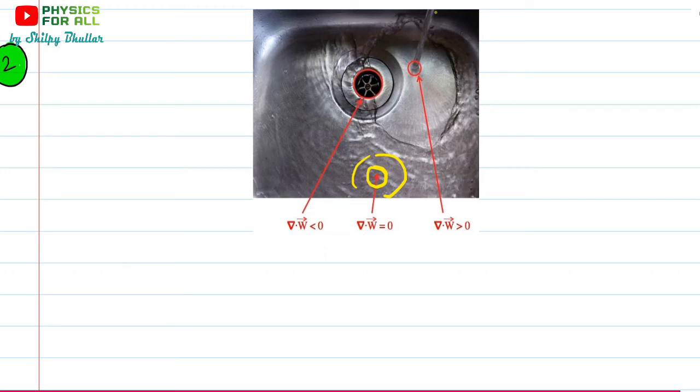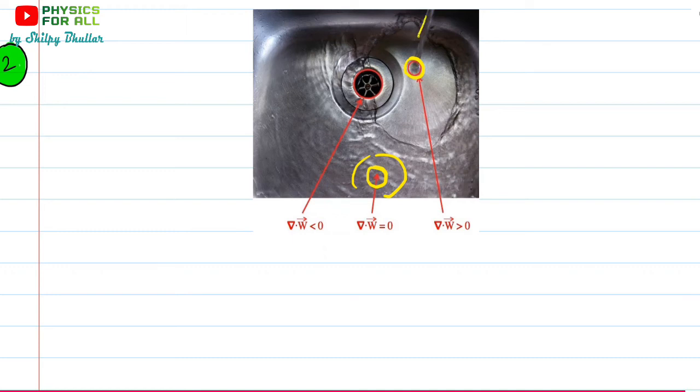Here, where the water is falling down from the tap, this particular region, the circle in red, this portion. Now from the tap, the water is flowing here. So you know that there is some source. That source is the tap. Now what is happening?